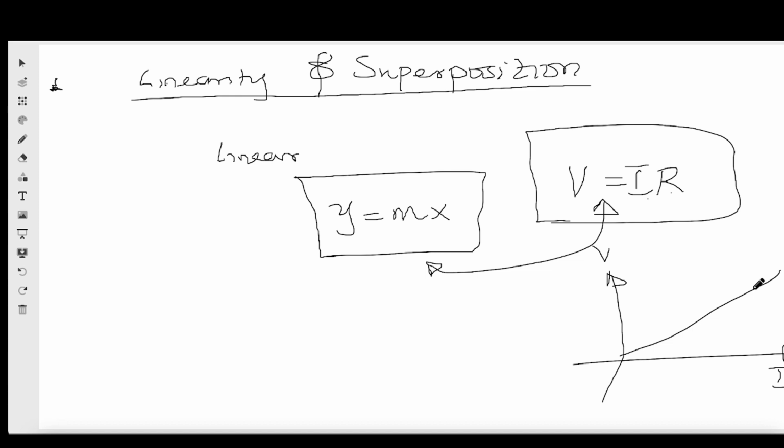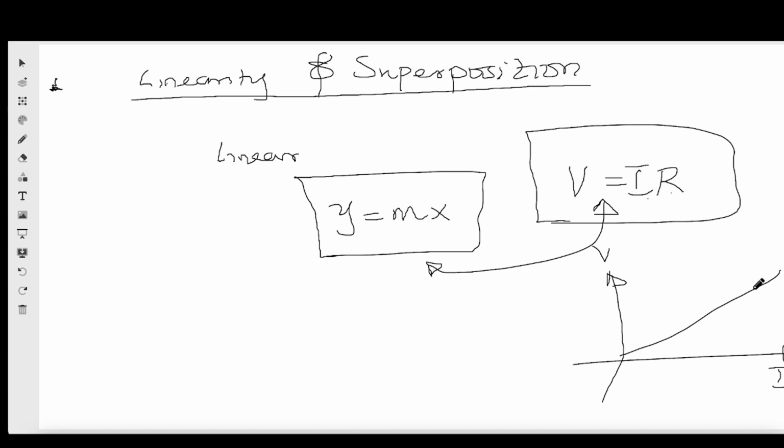By linear voltage-current relationship, I simply mean that the multiplication of the current through the element by a constant results in the multiplication of the voltage across the element by the same constant.